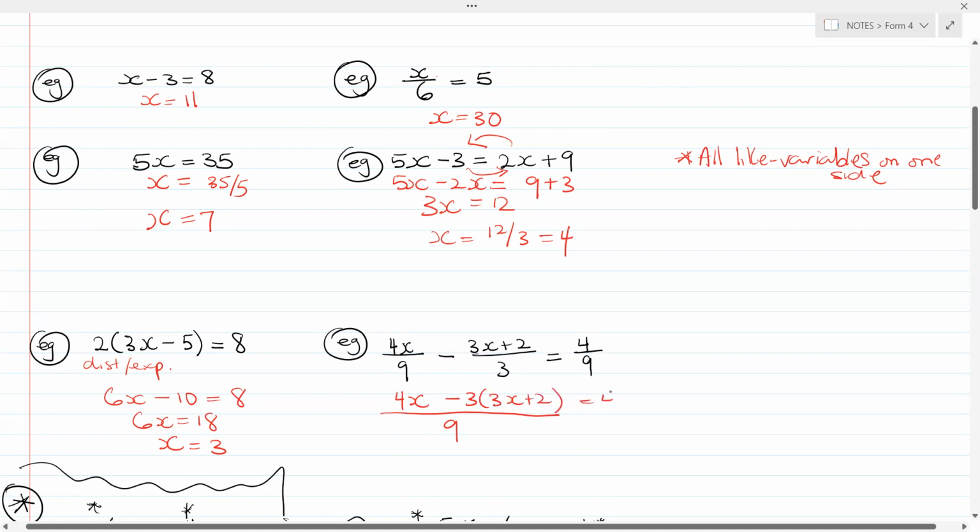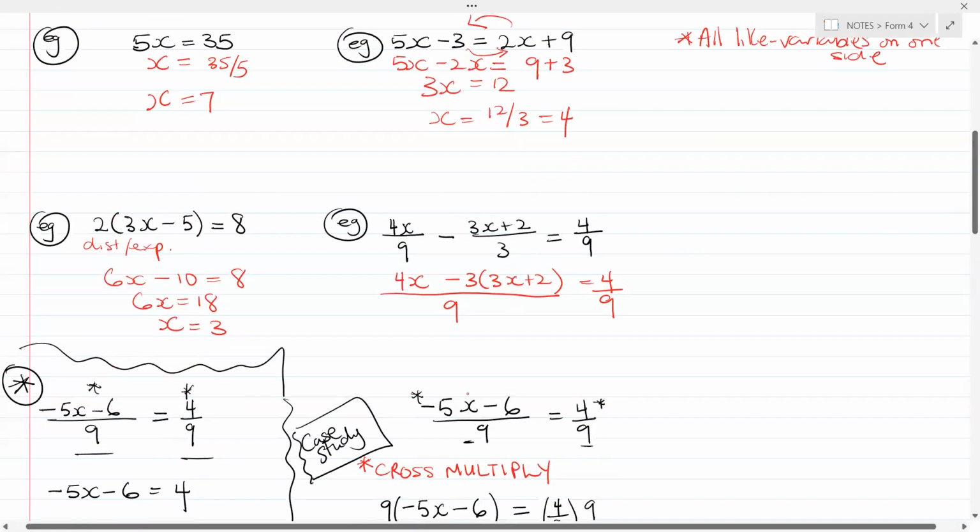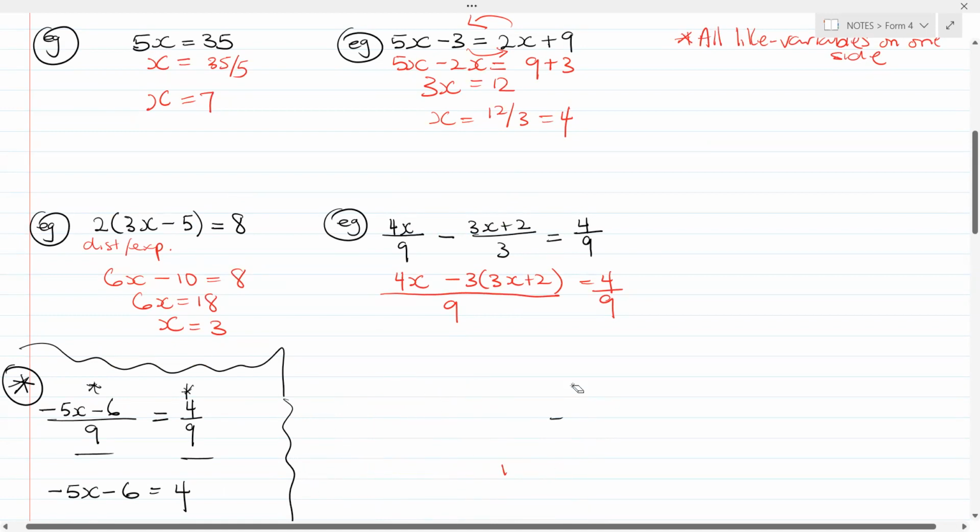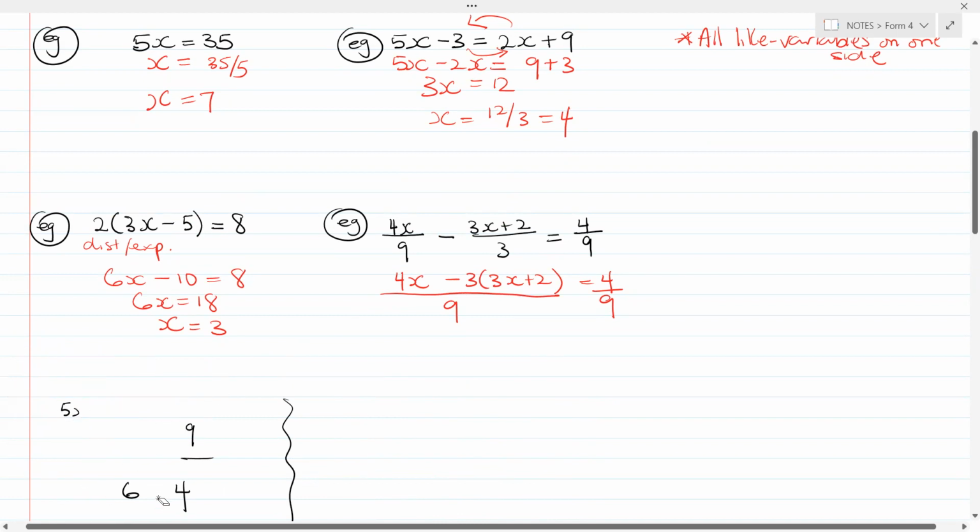And we put back 4 over 9. So now we are going to distribute and simplify, right? So that's going to give us 4x minus 9x minus 6 over 9 is equal to 4 over 9.